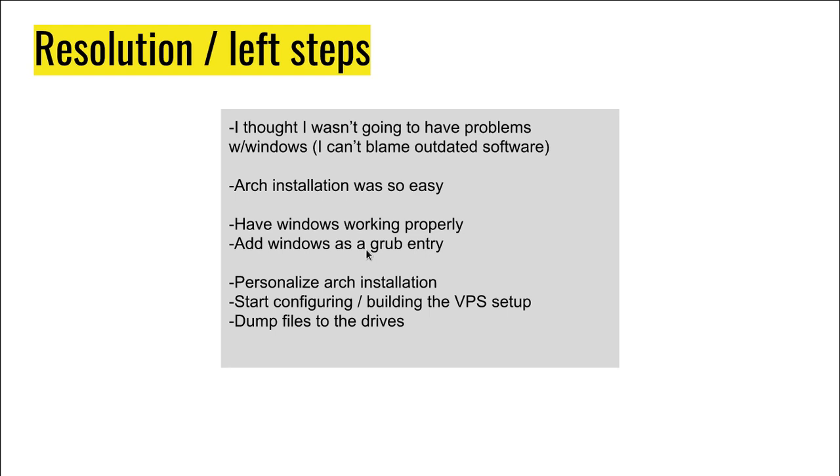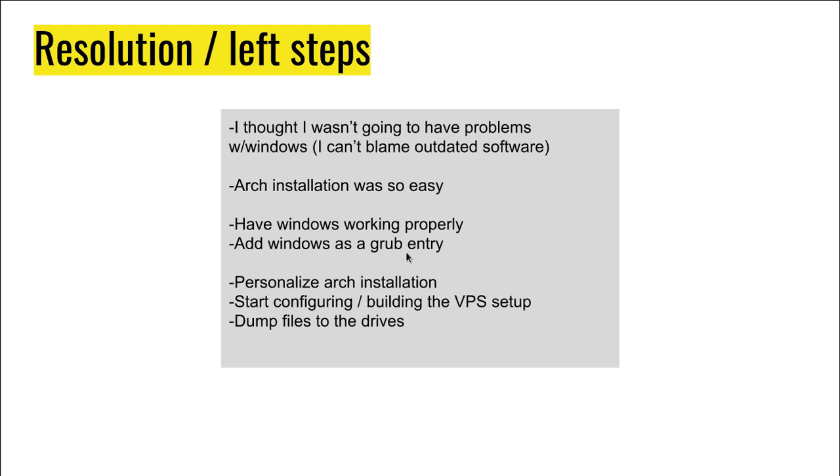Then, as for the configuration of my system, the installation of the VM software and the VMs themselves, I am waiting on that because first I want to have Windows working properly, and then I'll add a GRUB entry to the Arch installation.